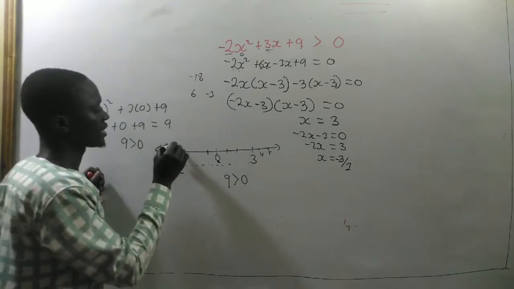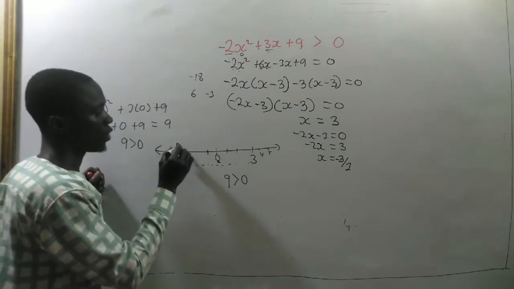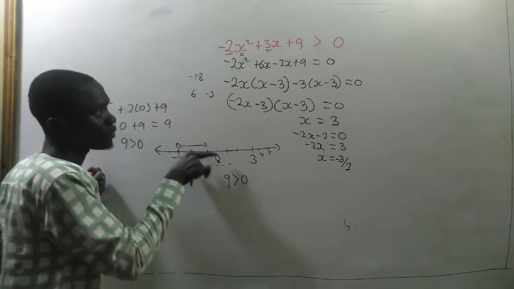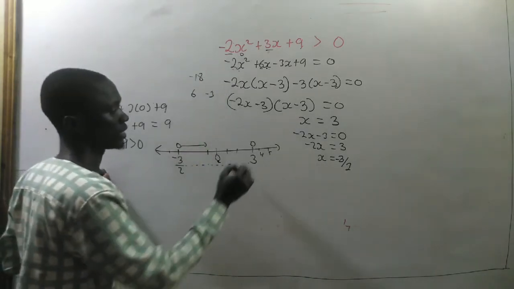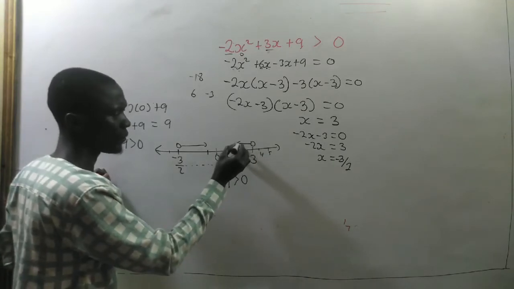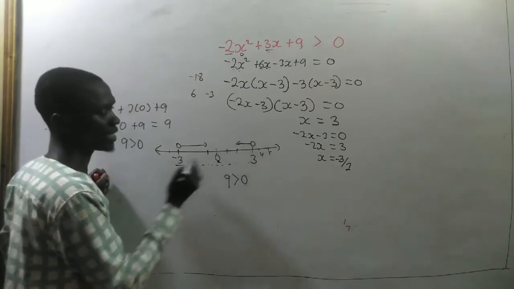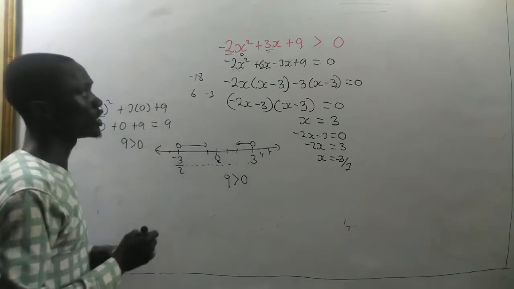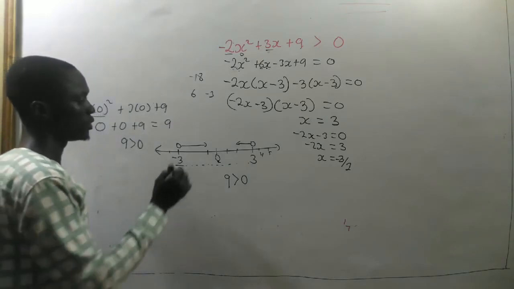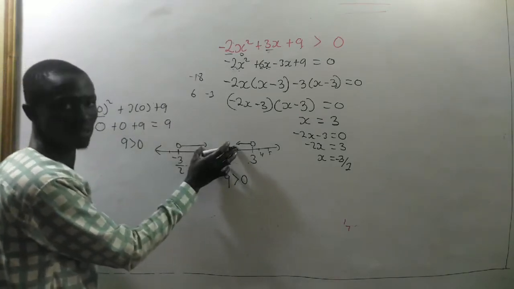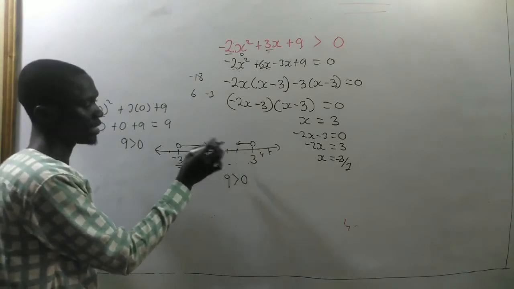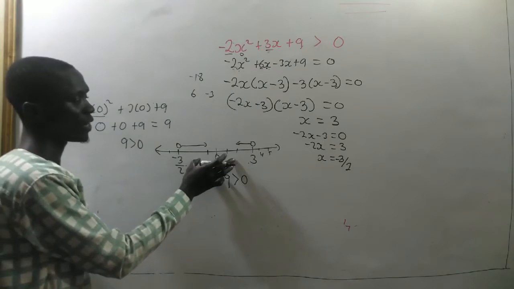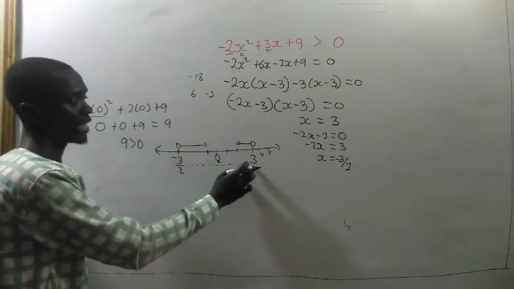Now, if I stand here, I will go for numbers that will satisfy the inequality. If I stand on 3, I will go for these numbers that will satisfy the inequality. So the solution to this quadratic inequality will be the values at the middle here. And what is the significance of the values at the middle here with reference to the endpoints?